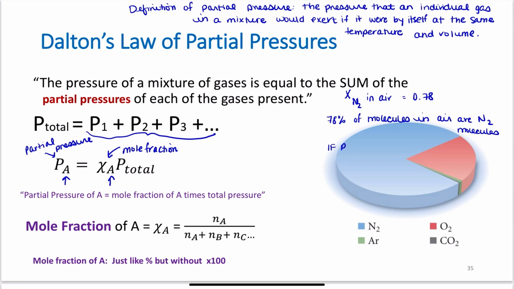If the total pressure was equal to 1 atmosphere, the partial pressure of nitrogen is 0.78 times the total pressure of the system, so the partial pressure of nitrogen would be 0.78 atmosphere. So again, it's how much just that piece is contributing to the total pressure of the system. That means that if oxygen is maybe 20%, then 0.2 atmospheres would come from oxygen, and so forth.